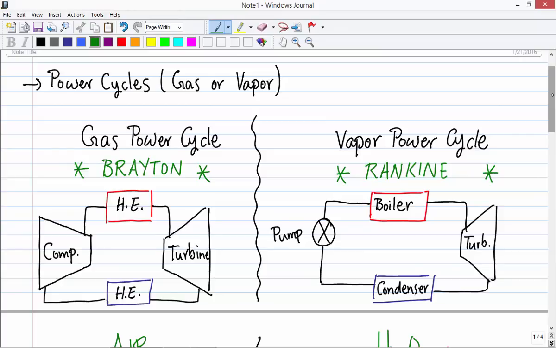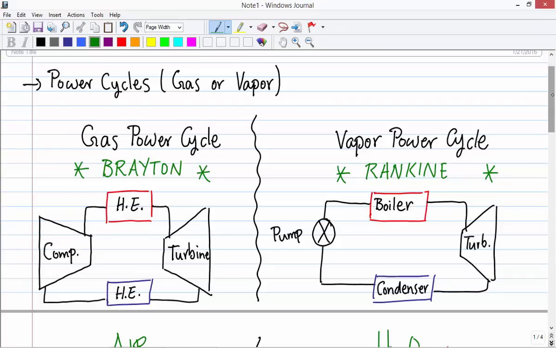When we talk about power cycles, the working fluid might be a gas, like in power plants or in aircraft engines, where it's a mixture of air and fuel. On the other side, we can have something like water, H2O, or a refrigerant like R134A, because we're going to deal with different phases of this material.